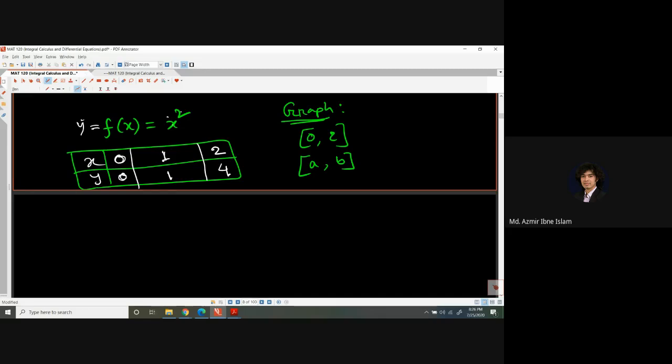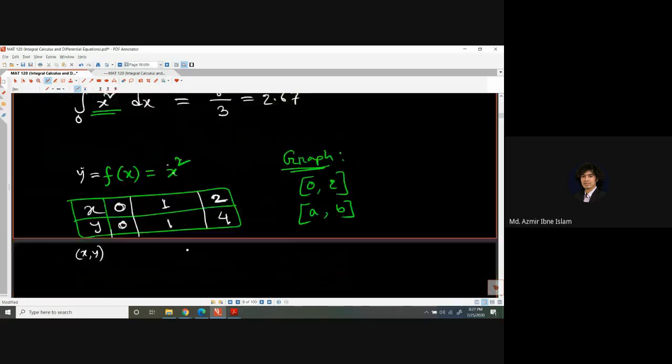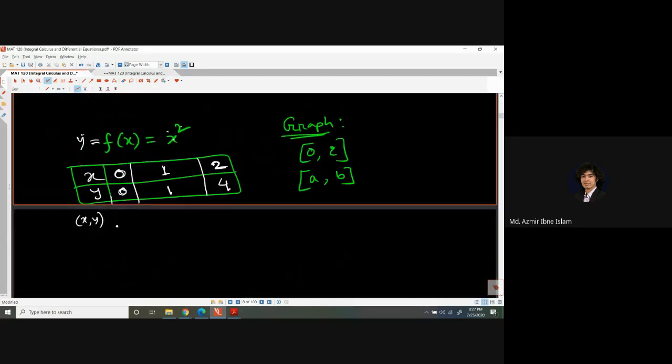Inputting 1, we get 1 as y. Plugging 2 where we have x, y is found to be 4. So the points can be written in this way, x, y: we have the point 0, 0, the point 1, 1, and the point 2, 4.